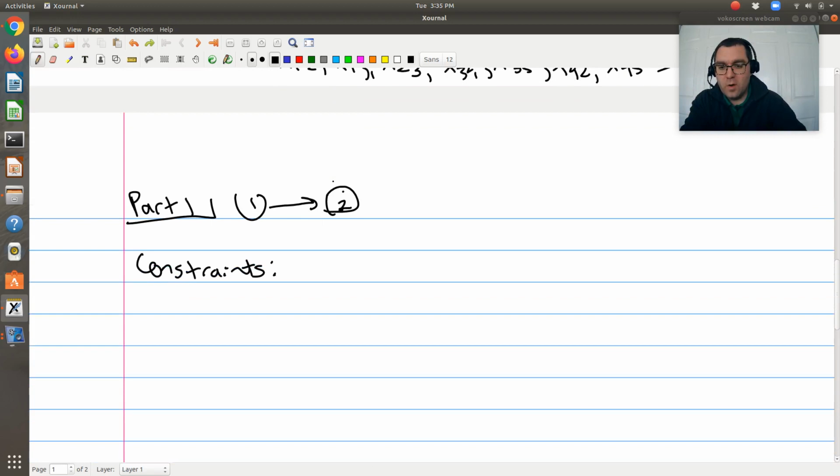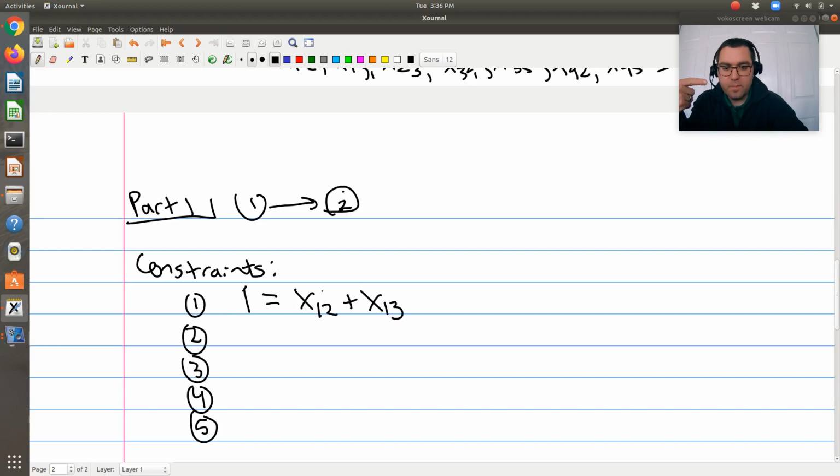Let me label out all my nodes so I make it clear what my balance is. So node 1, what's going into node 1 is going to be 1 unit. Then that unit can exit via route x12 or x13. These are binary variables, so it'll be 1 if that route's taken, 0 if it's not.